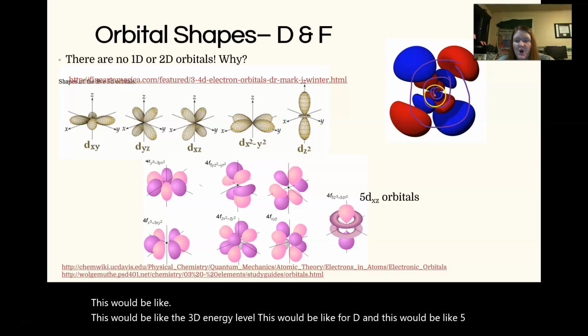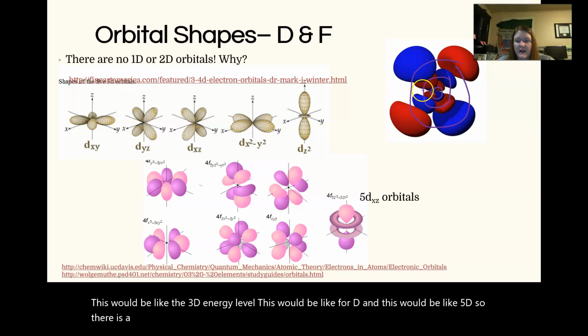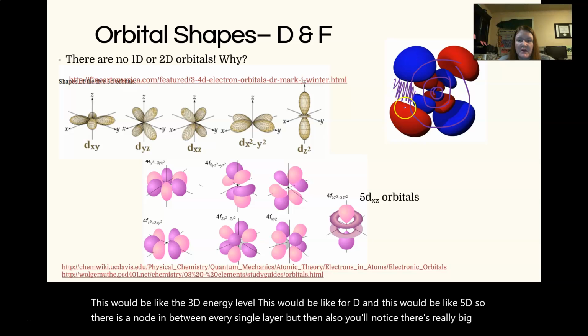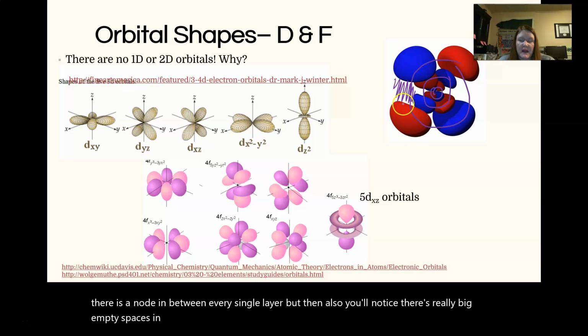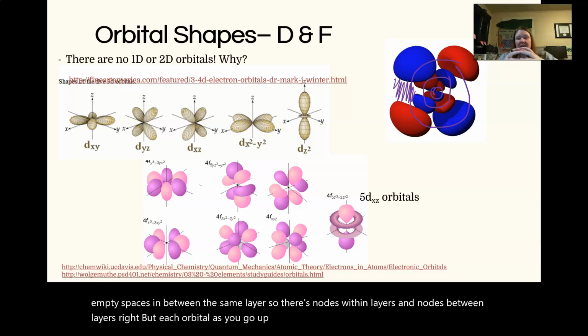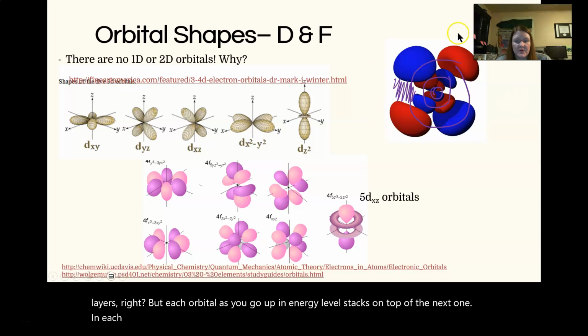So there is a node in between every single layer. But then also you'll notice there's really big empty spaces in between the same layer. So there's nodes within layers and nodes between layers, right? But each orbital, as you go up in energy level, stacks on top of the next one. And each orbital has the same number of nodes in it and between it.